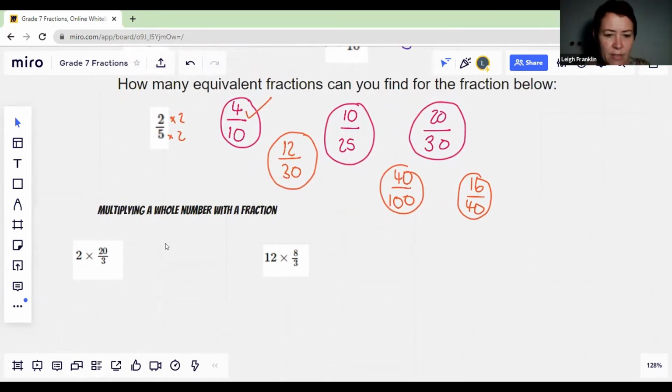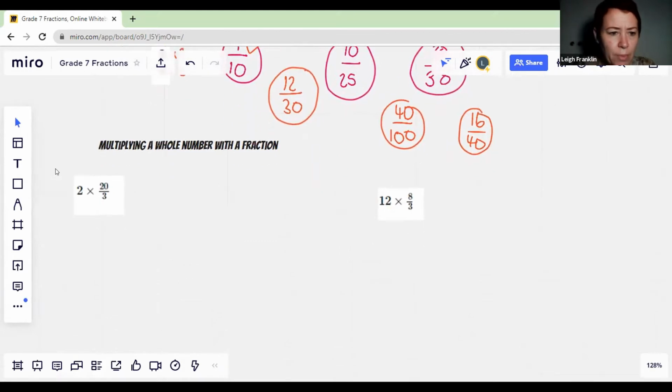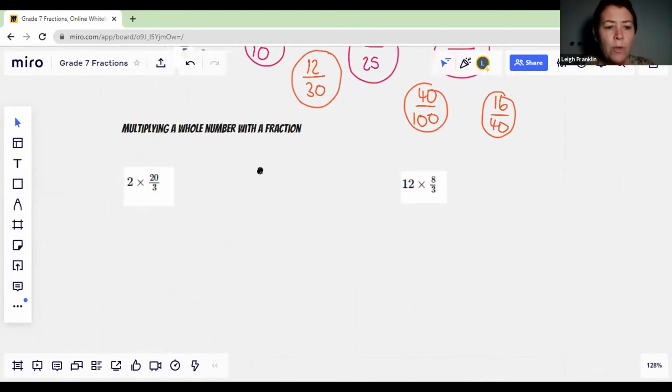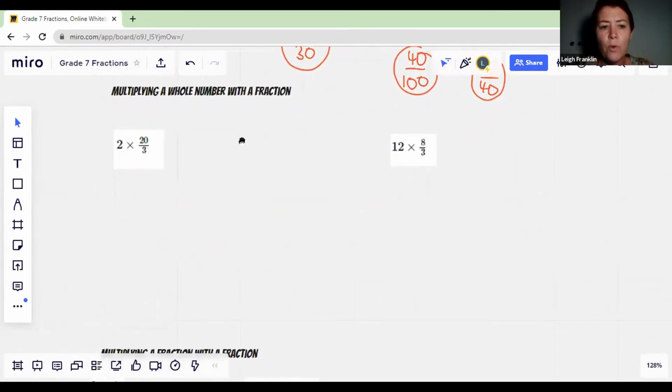Okay, so first things first, let's just see what happens here. When we want to multiply a whole number with a fraction, so the whole number being the 2 and the fraction being 20 over 3, can anyone tell me what I am supposed to do in a situation like this?